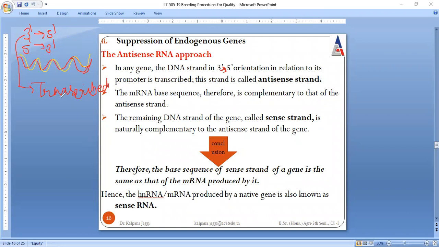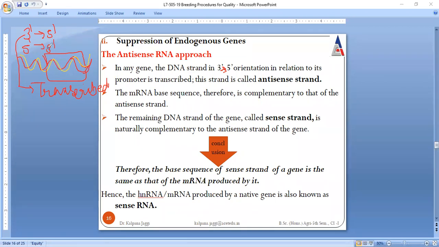This is any gene, right? In any gene, we have two strands with directions something like this. That means one strand is in the direction 3' to 5', and another one is in the direction 5' to 3'.